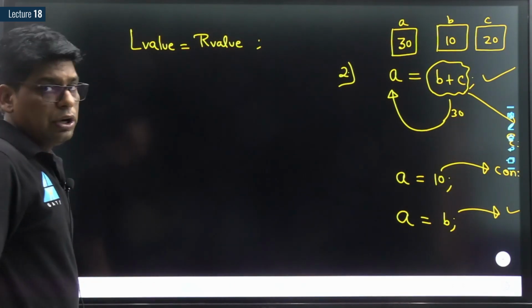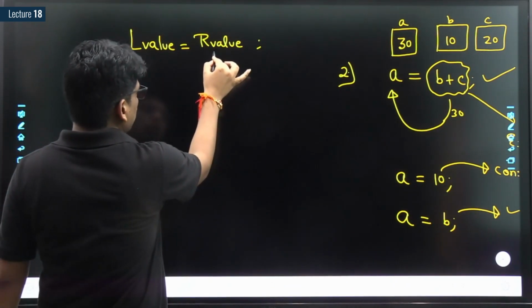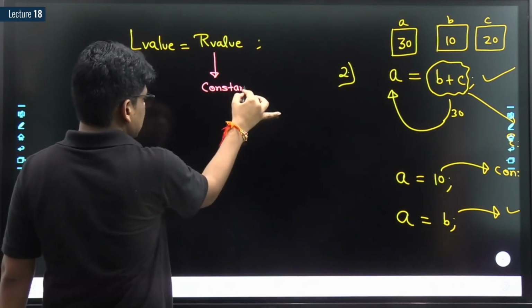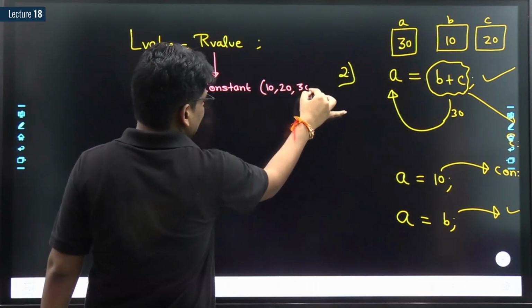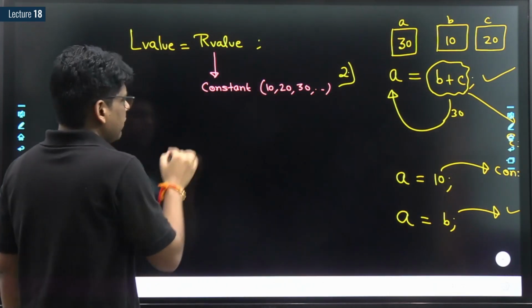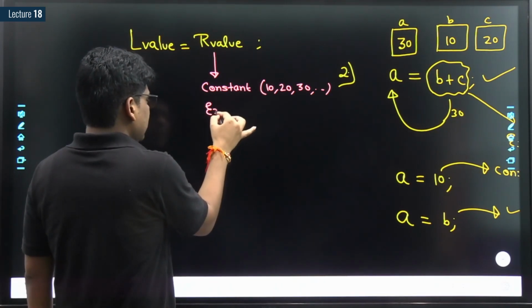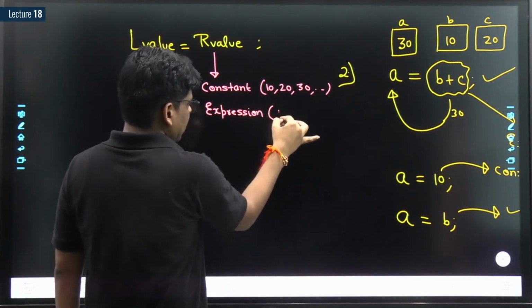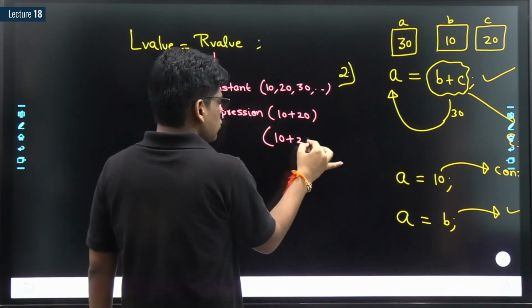The correct syntax is something like this: L value is equal to R value. If someone asks you what could be the R value, can it be a constant? Yes, sir, it could be a constant, I mean a constant literal: 10, 20, 30 and so on. Can it be an expression? Yes, sir. It can be an expression made up of constants, 10 plus 20. Of course. Can it be 10 plus 20 into 30?